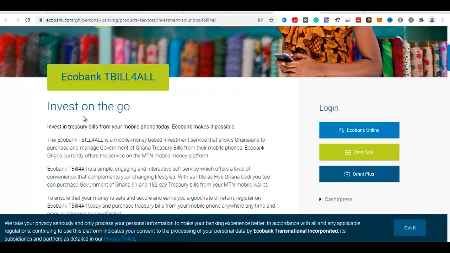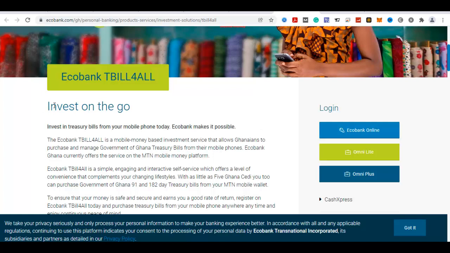So if you want to follow, you just go to your phone, and then you type in *770#, and then it will take you to the platform, and then you select the second option, TBILL4ALL, and then you register, and then you can start.